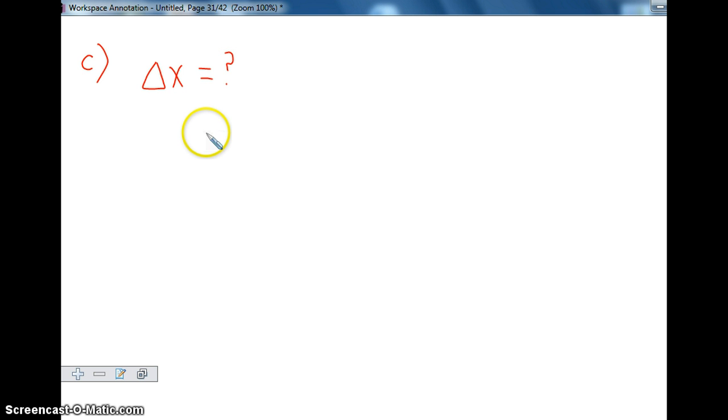It looks like really that's all C's asking me for. So we just need to find this. Now to find it, we can use delta x equals Vx times t. If you recall, we do have Vx. We know it's 22.2 meters per second that we found right off the bat. But this time represents the time for the total trip.